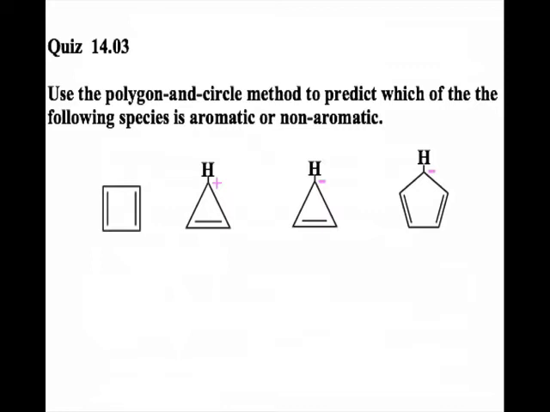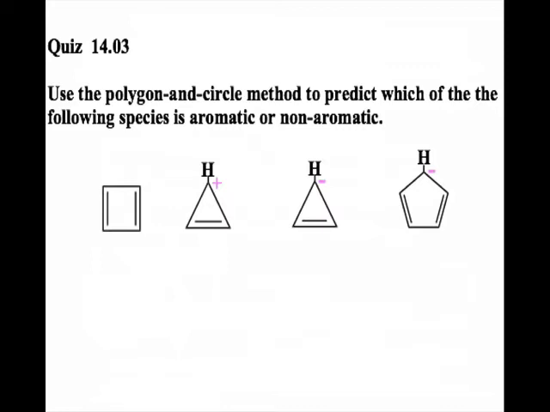How do I know it's planar? 3 points always define a plane, going back to basic trig, right? I cannot have non-planar cyclopropane anything. Those 3 carbon atoms must lie in the same plane. It is a mathematical law that 3 points define a plane.